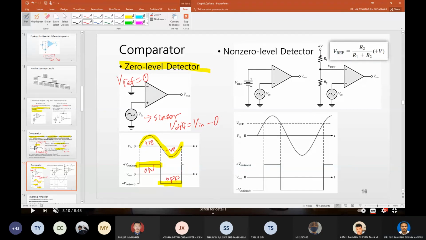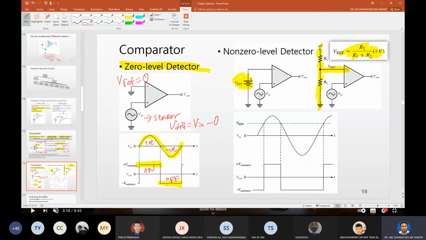Or, it's not necessarily a 0 level that you want to compare with, you can also put some voltage value in the reference, for example a certain value. Another option is to use a potential divider to set the reference voltage, which is then determined by this famous potential divider formula.